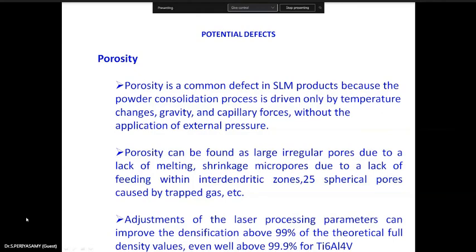This is a melt pool, because wherever the laser strikes, you have a melt pool. After that you have solidification, that is, the bottom will solidify. Here also it solidifies.